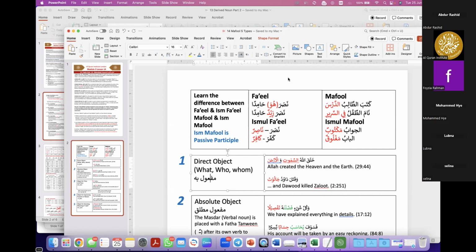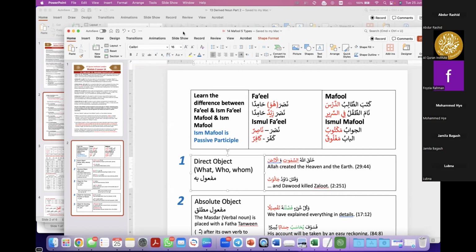So these are all a chain, where you can see that. Ism maf'ul will not have this kind of connection. It could be a name, it could be a place coming here, acting as one of these five maf'uls.